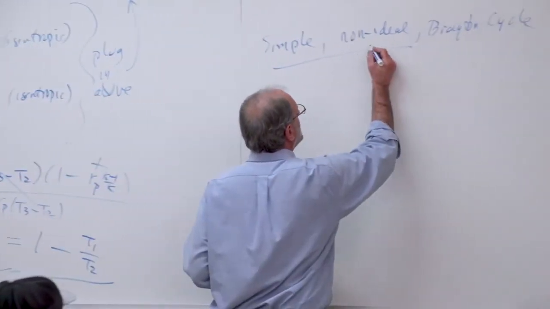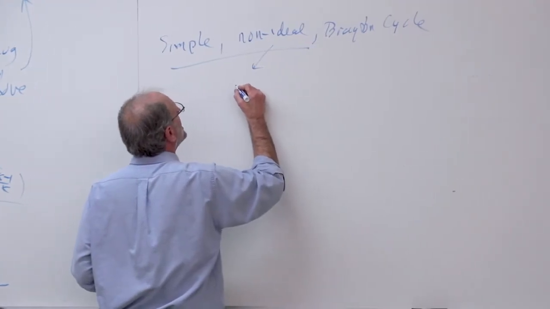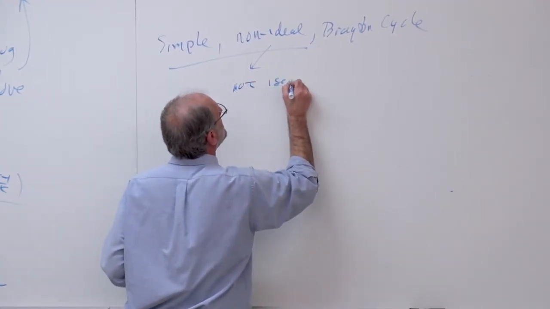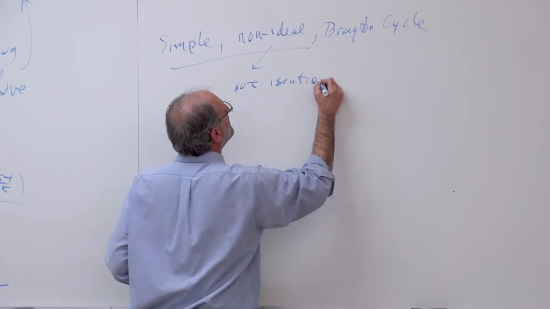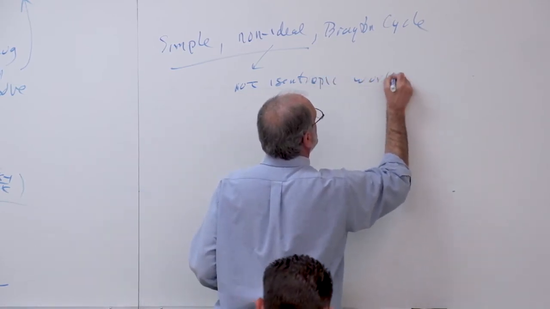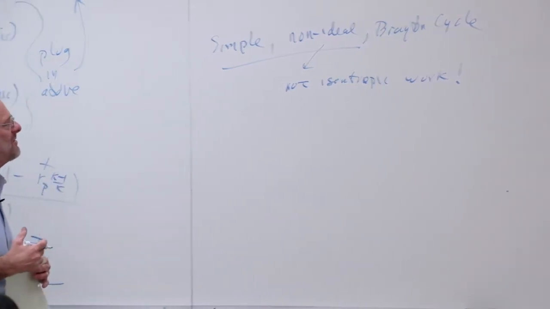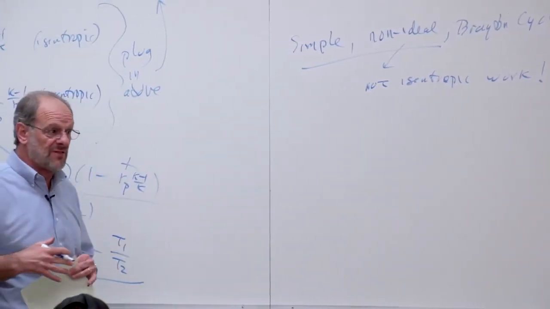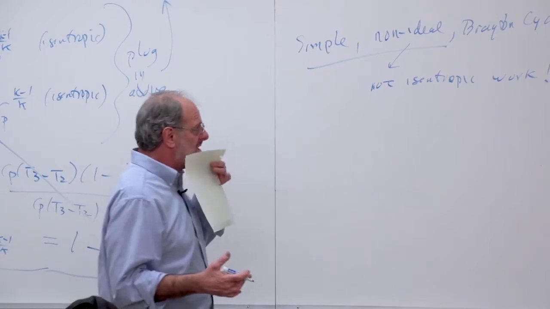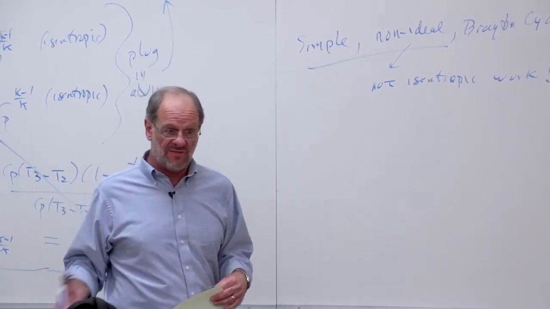When it says non-ideal, basically that means that it is not isentropic work. And the way we deal with non-ideal behavior for a steady flow device like a turbine or compressor is through the use of isentropic efficiencies.